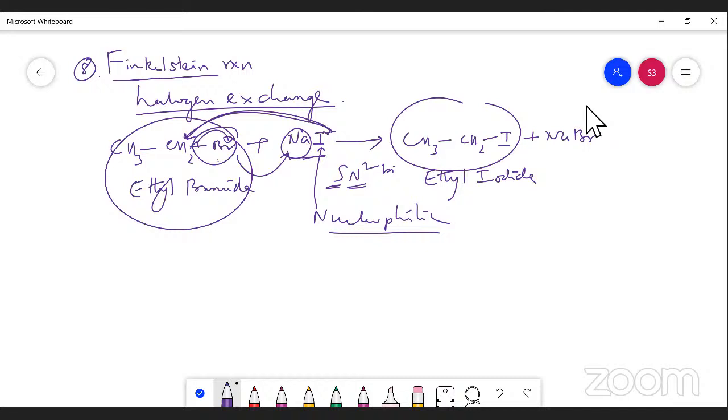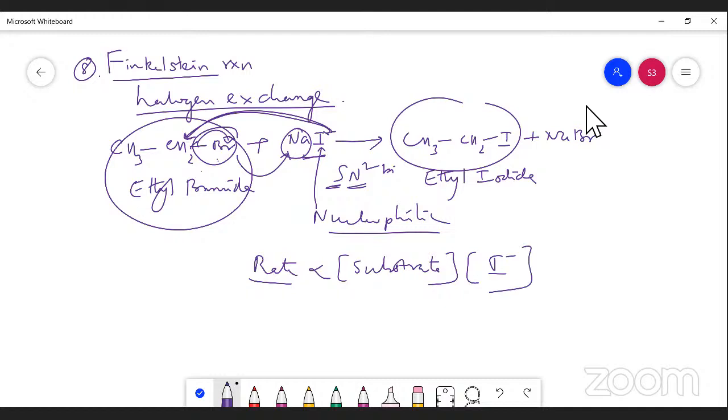This 2 represents that in this nucleophilic substitution, the rate of the reaction depends on this substance and this substance. That is, the rate is directly proportional to the substrate and to the iodide, sodium iodide, which we have used in this reaction.